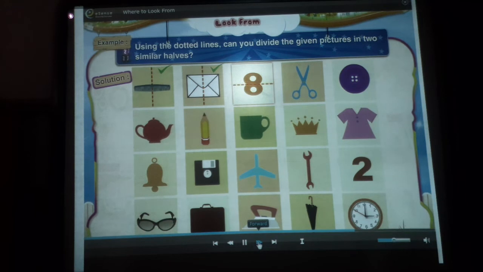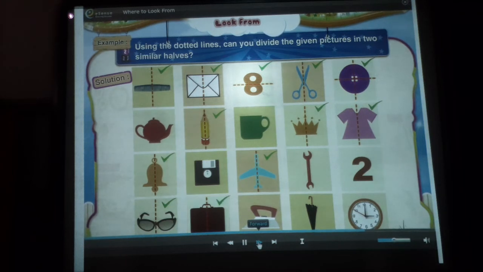In the digit A, horizontal; in the scissors, vertical; in the picture of a button, any one of horizontal or vertical line; in the pencil, vertical; in the crown, vertical; in the shirt, vertical; in the belt, vertical; and in the bag, vertical line are drawn, then both the parts will be similar.